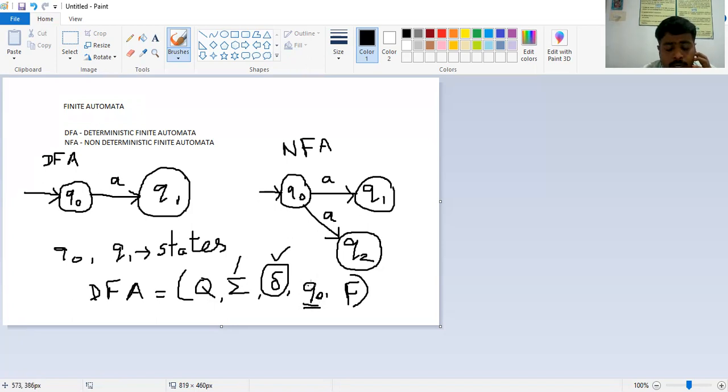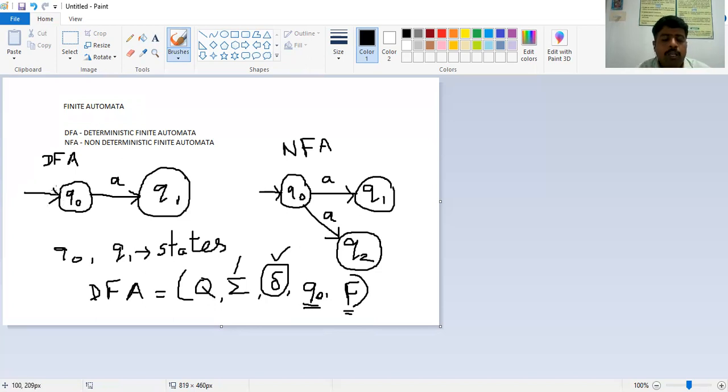Only one start state is available for each and every automaton. The capital F represents the set of final states. We do not consider only one state as final; more than one final state can be available in your NFA as well as DFA, but the start state is only one. The state with the free incoming edge is called your start state.